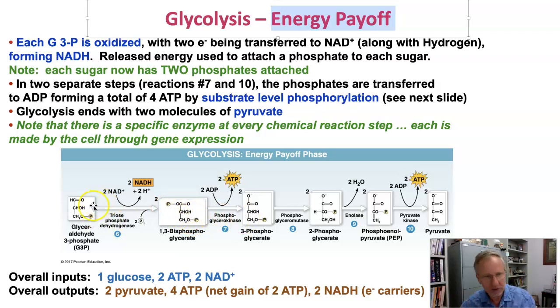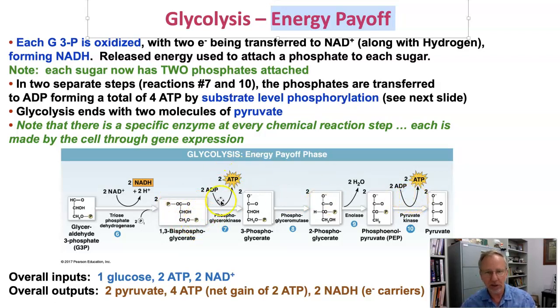So again, to quickly summarize this first part of the energy payoff phase, G3P is oxidized and NAD is reduced. And as a result, our G3P has 2 fewer electrons and 1 fewer hydrogen than it had before. And a phosphate group is pulled out of the cytosol and attached to the remaining molecule, and that's what we have.